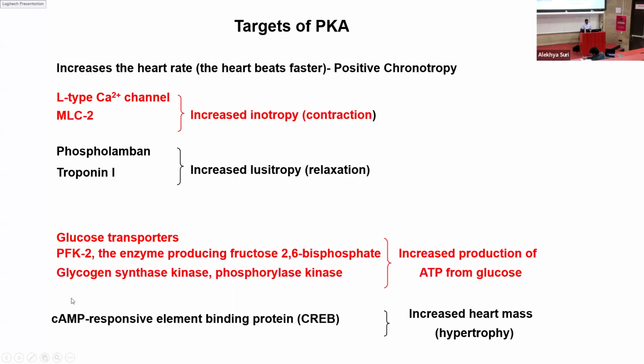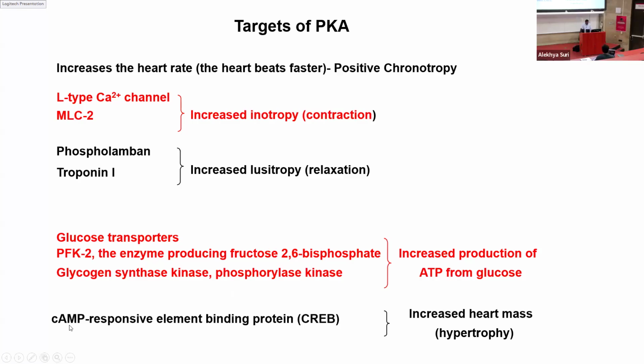In addition to that, the PKA can also improve glucose transport, and it also enhances the production of fructose 2,6-bisphosphate. It is one of the activators of the glycolytic pathway, and it also enhances glycogen synthase as well as glycogen phosphorylase. So the entire glycolytic pathway will get activated to produce more ATP molecules. The long-term activation of PKA can also activate transcription factors.